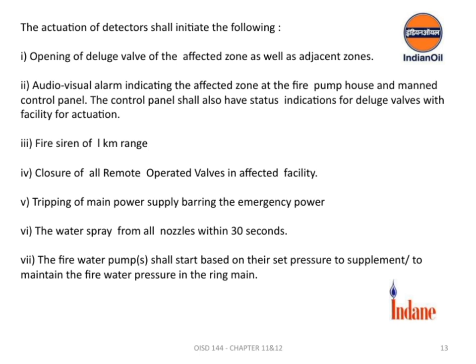Next, an audio-visual alarm will activate at the fire pump house and the manned control panel, alerting personnel to the affected zone. The control panel also provides status indications for the deluge valves and includes a facility to manually actuate them if needed. In addition, a fire siren with a range of about 1 kilometer will sound off, ensuring that everyone in the vicinity is warned.